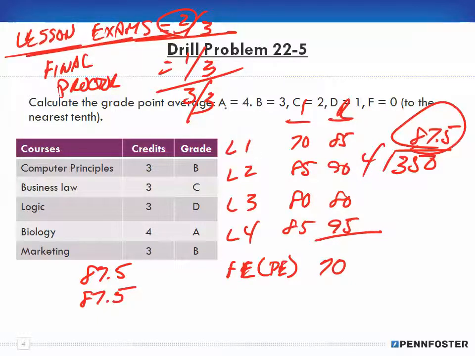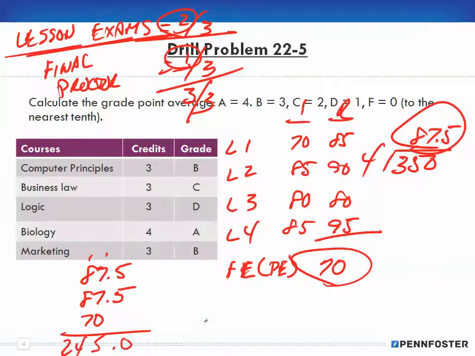And then, because your final exam makes up 1/3, you add in whatever you get for your final exam. Okay, so that's 70. It's 175 plus 70, so you have 245, and since it's 3/3, you divide that through.